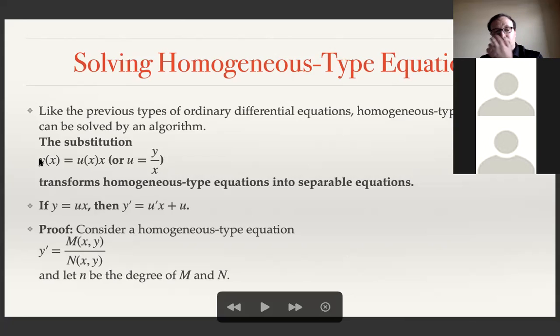So the substitution is always the same. y of x is equal to u of x times x. Instead of the unknown function y, we use the new unknown function u, which is the quotient of y divided by x.